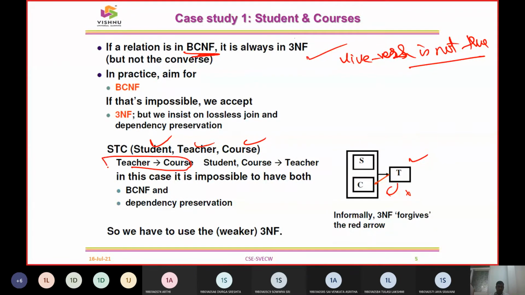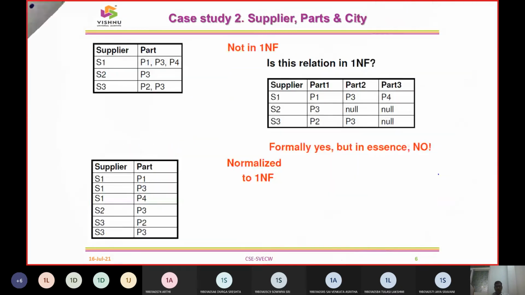So teacher and course, yeah, we can't directly put it. But if we have a combination of values, student and course, they are purely dependent on the teacher, which makes it weaker. Therefore, we are not in a position to put it into third normal form. So we are going to push the scenario to the Boyce-Codd normal form.